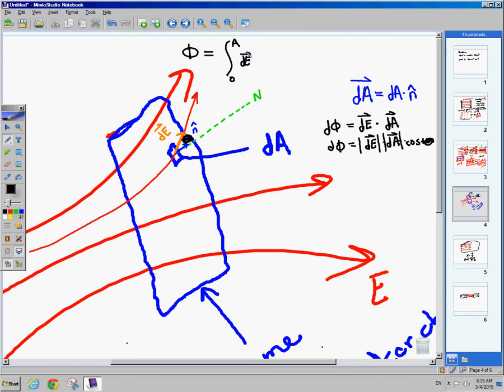And you know what? I don't even think we're calling that dE. It's whatever the electric field strength is right at that. So this is just an E.